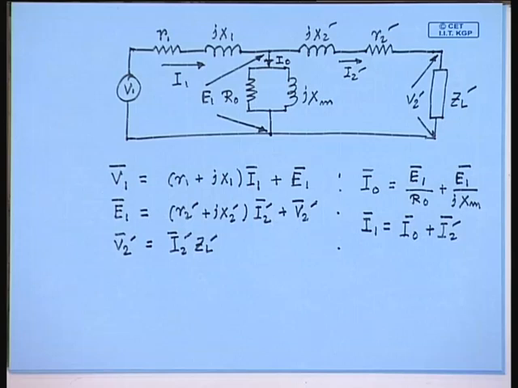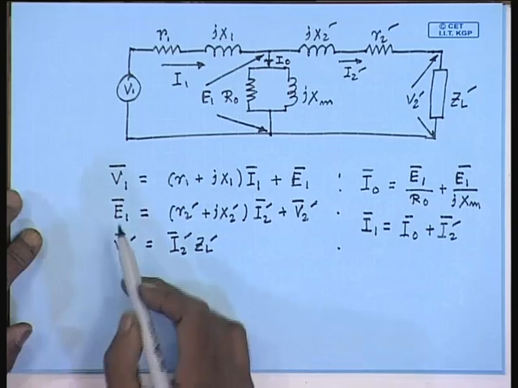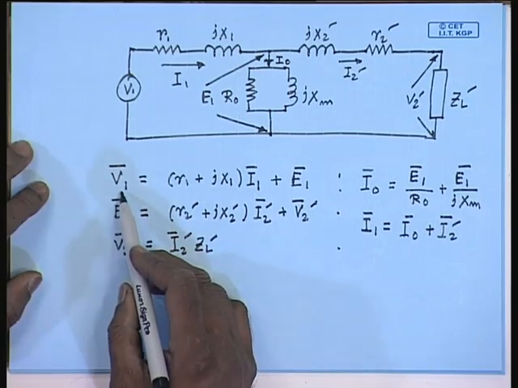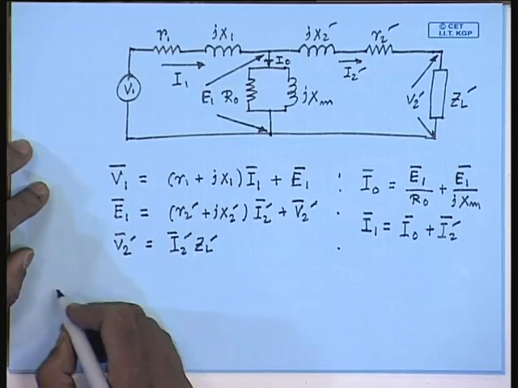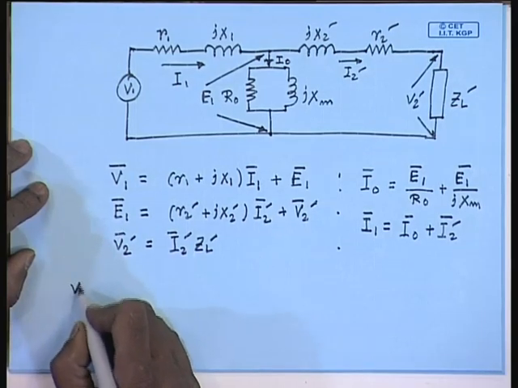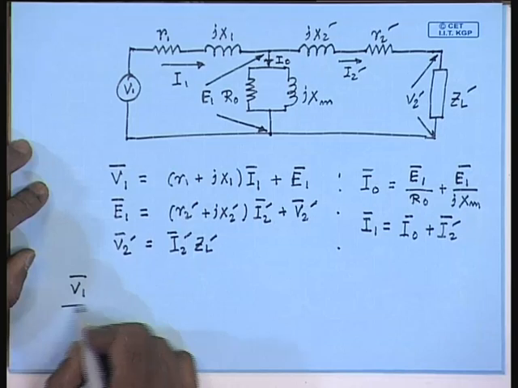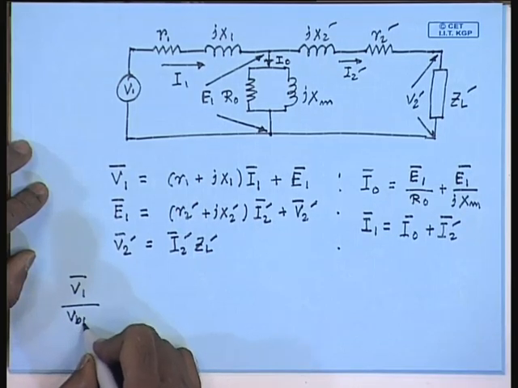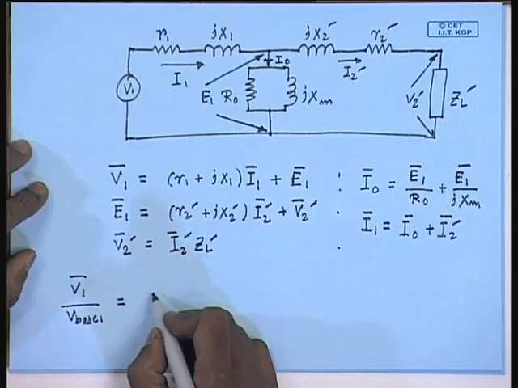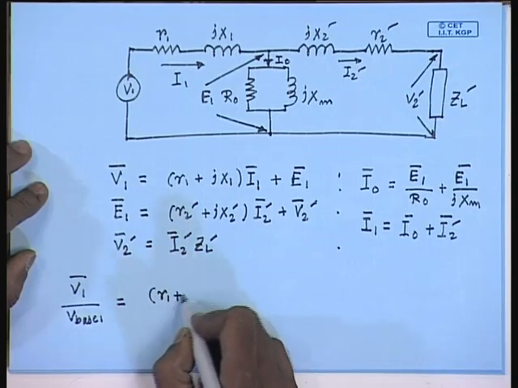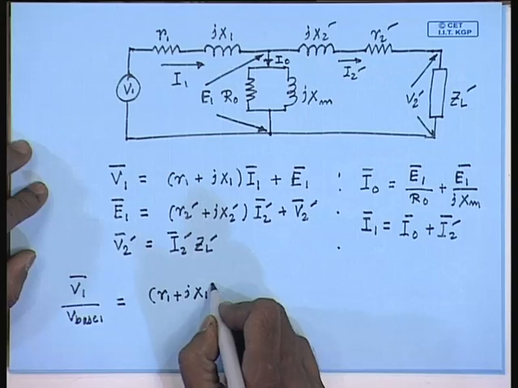Now, let us convert them to equations in per unit variables and parameters. In order to do that, let us first divide the first equation by V base 1. So, it becomes V1 by V base 1 equal to (R1 plus jX1).